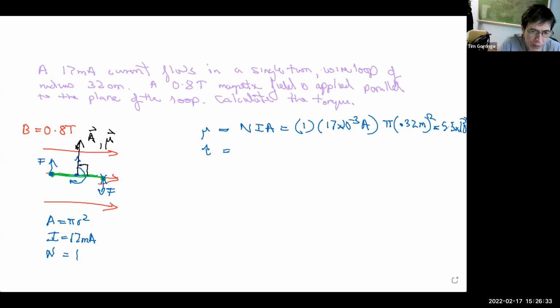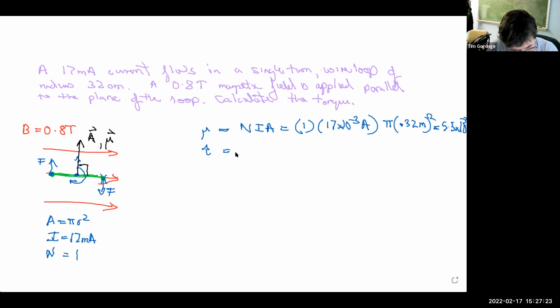If you were to picture the area vector, picture the magnetic moment vector, it would be a vector that is 90 degrees, right angles, perpendicular to the loop's face. That means that there's 90 degrees between the direction of the field and the direction of the magnetic moment in this particular geometry.